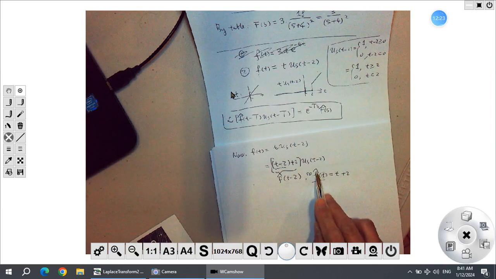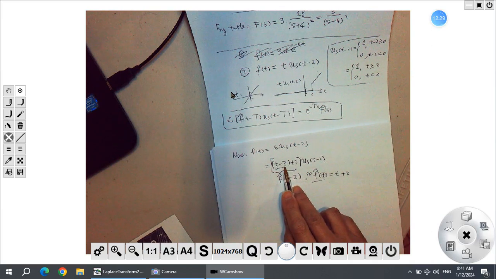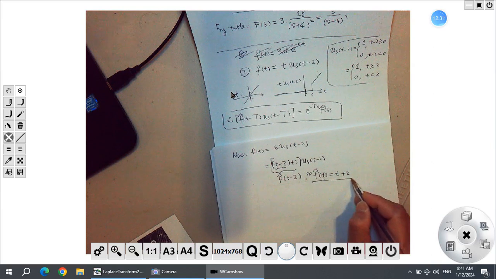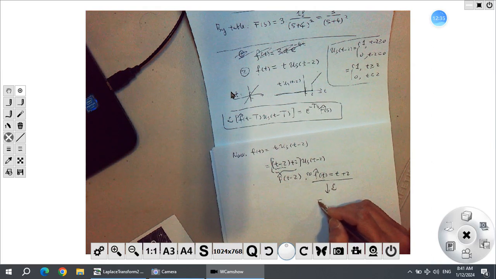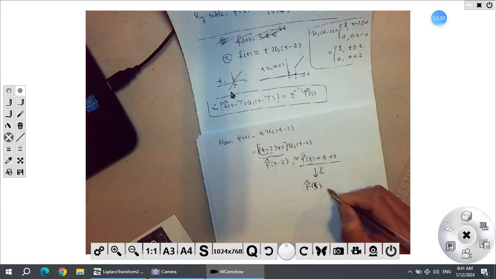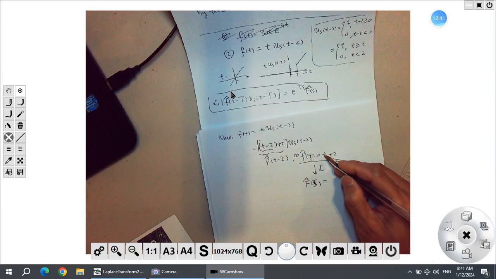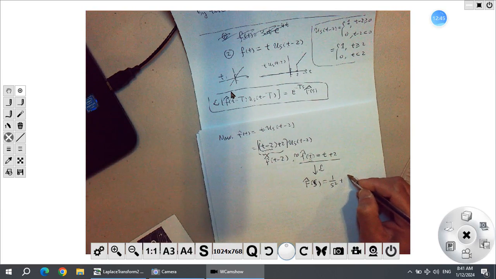So we have f hat is this one. And then by the Laplace transform, capital F hat of s will equal, t gives us 1 over s squared, and 2 gives us 2 over s.